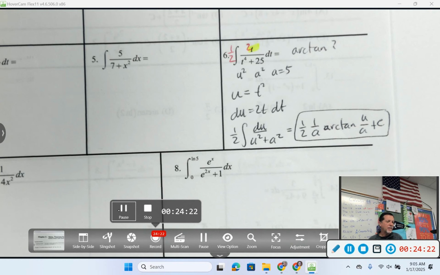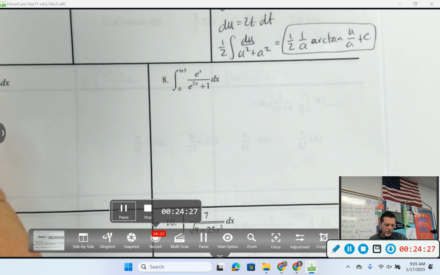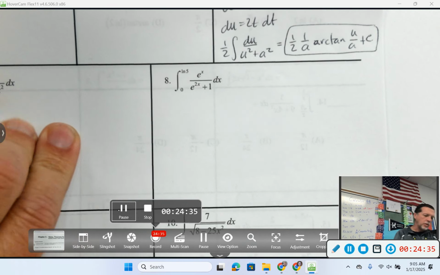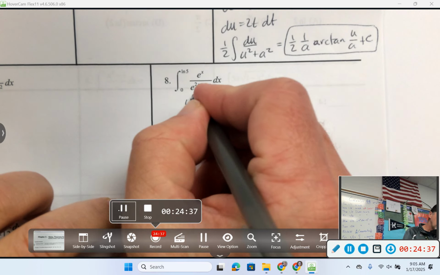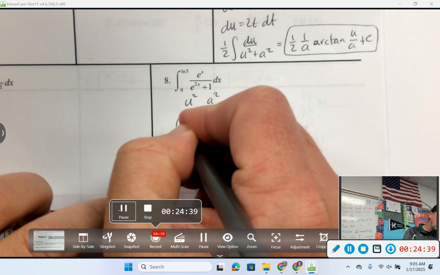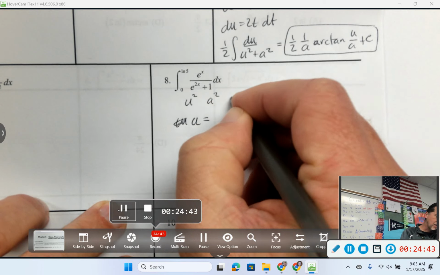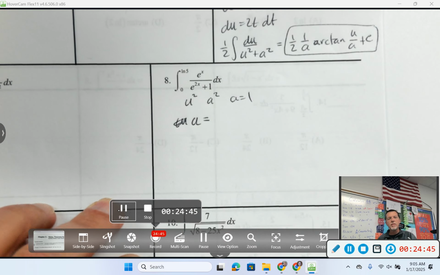What about number 8? What big picture, what do we think is going on? Arctangent. I like that. I think there's an e to the x in the top. Where did that come from? If u squared is e to the 2x, what does u equal?